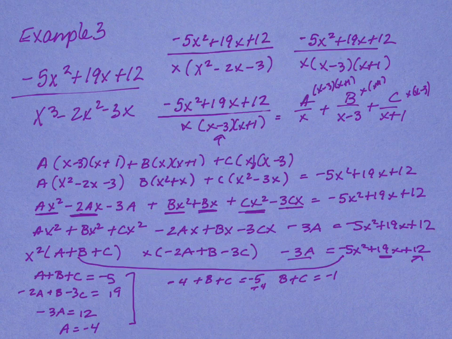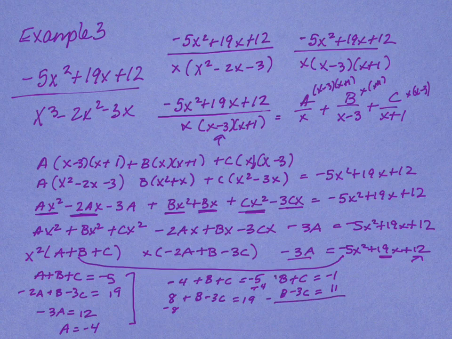And then here I have negative 2a, so that would be 8, because negative 2 times negative 4 is 8, plus b minus 3c equals 19. So subtract 8 from both sides, and you get b minus 3c equals 19 minus 8, or 11.